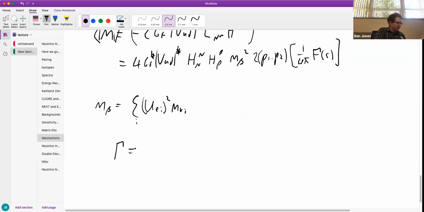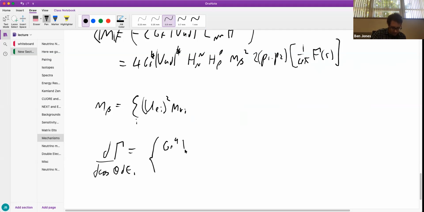And when you put it through the Fermi golden rule to get a decay rate, you end up with a rate that looks like this, d sigma by d cos theta dE1. E1 is the energy of the first electron, and it has the following form. I'm going to separate 3 pieces in curly brackets.